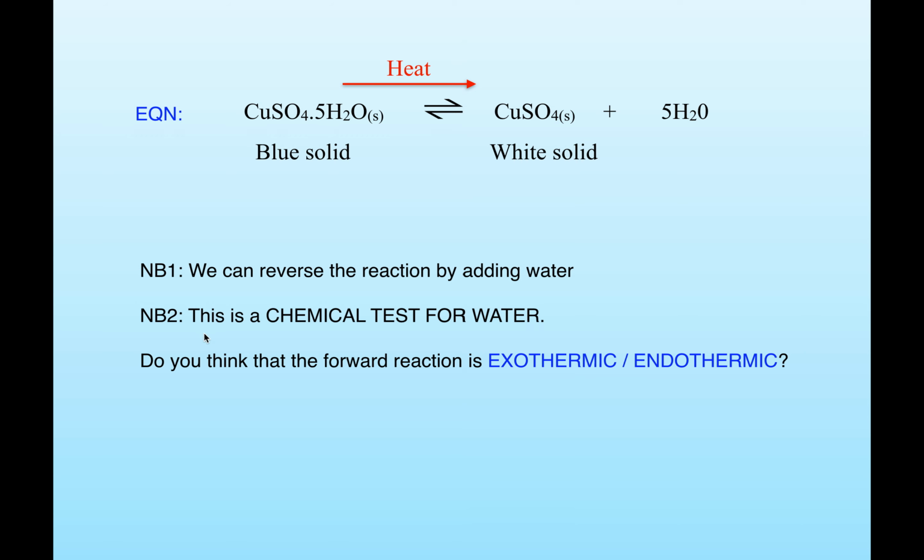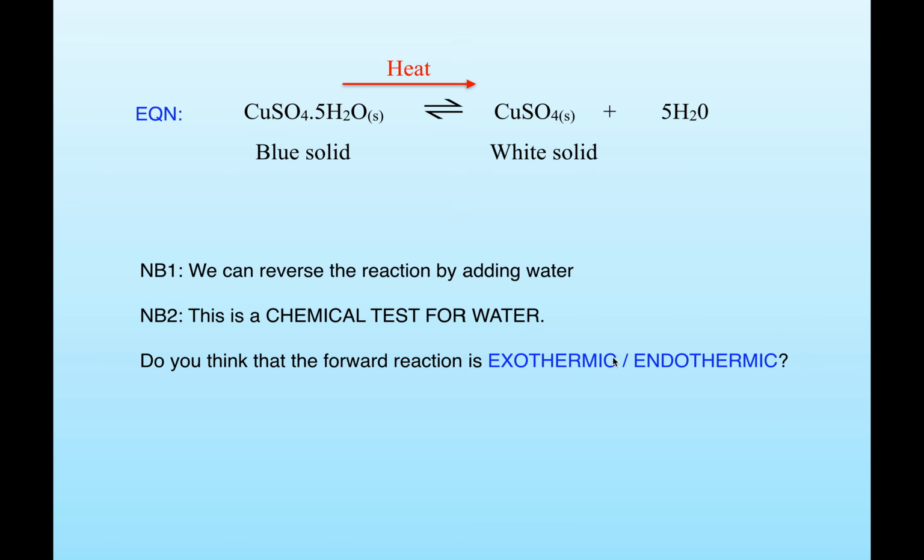Question for you. Do you think the forward reaction is exothermic or endothermic? Now, given that we have to heat it to make it happen, there's a good chance that the forward reaction is absorbing heat. It's absorbing heat. So what kind of reaction is it? Yes, it's an endothermic process.